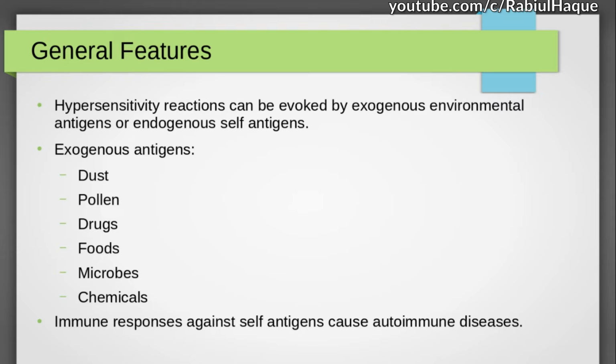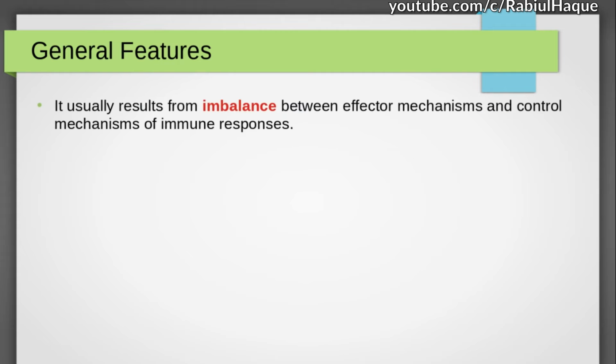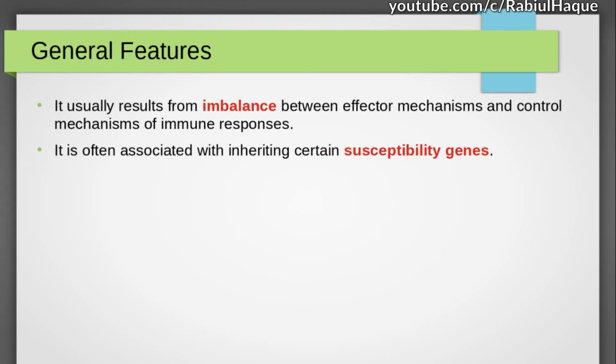Regarding the general features of hypersensitivity, always remember it usually results from imbalance between effector mechanism and control mechanism of our immune responses. And again, it is often associated with inheriting certain susceptibility genes.